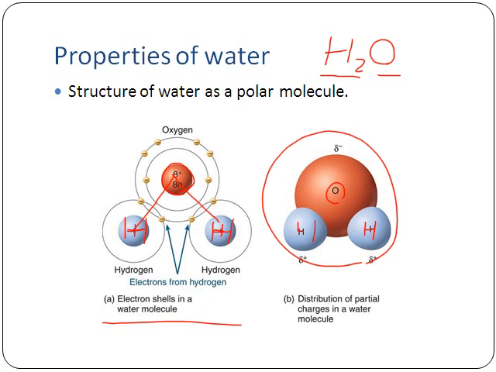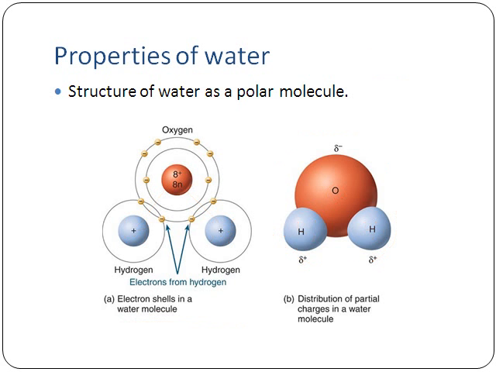So let's take a look at what this means for water. The oxygen atom, once it has bonded with the hydrogens, now has a full second energy level. Its valence shell is completely full because, if you count them over here, it has 1, 2, 3, 4, 5, 6, 7, 8 electrons.